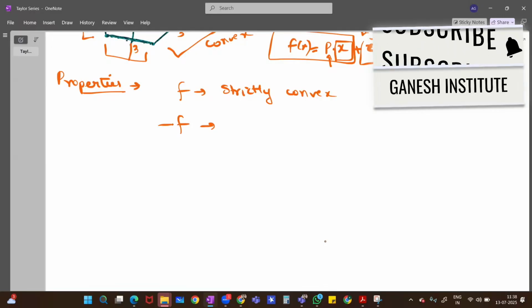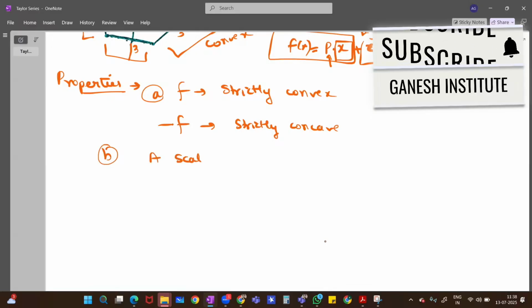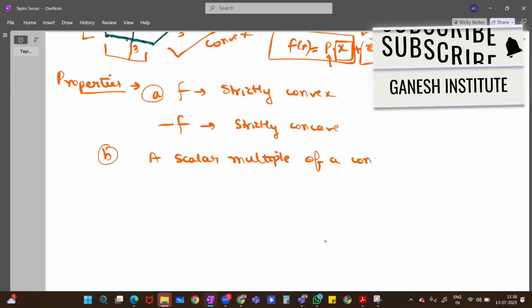If it's strictly convex, minus of f will be strictly concave, because the inequality inverses. Correct. If you have a scalar multiple and that function with which it is multiplied is a concave function.